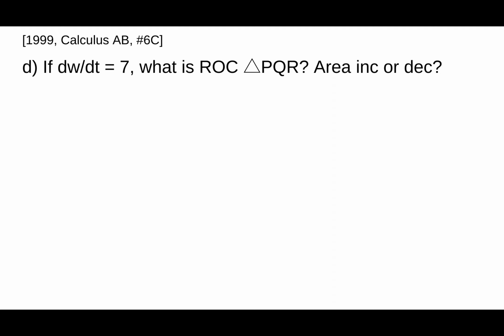For part D, if dw dt is equal to 7, what is the rate of change of the area of triangle PQR in the picture, and is that area increasing or decreasing? To begin, we need to find the formula for the area of triangle PQR.